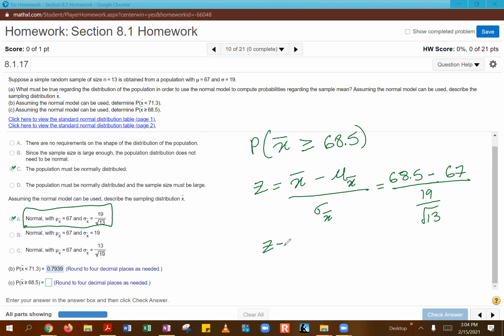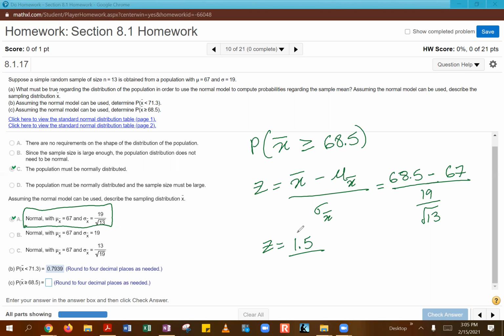So let's see what this z-score comes out to be. And again, you can do this in 2 steps, or you can try and do it in 1 step, whatever you're most comfortable with. So subtracting our numbers on the top and then dividing by 19 divided by square root of 13.